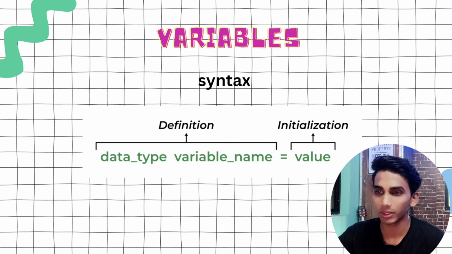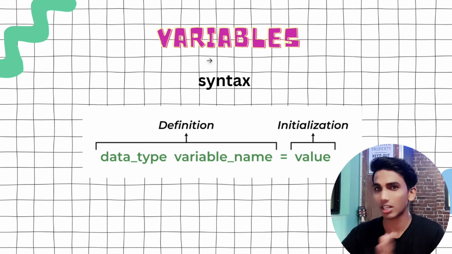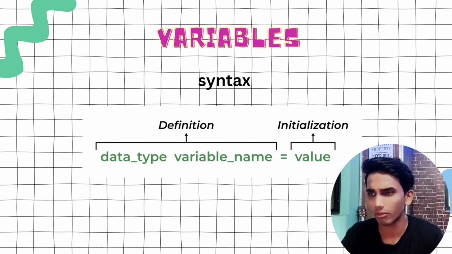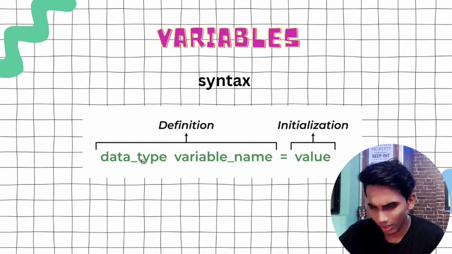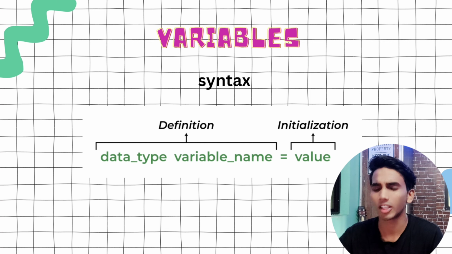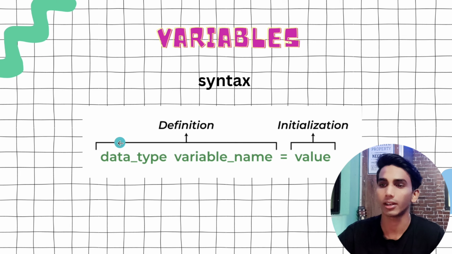Okay, variables. What does this slide say? Definition, initialization. Okay, syntax of a variable. Let me tell you how we will be initializing our variable. Here we first write a data type, as I said, int, float, character. We will be discussing them in later videos. For our present scenario, understand it's nothing but an int, which takes an int type of data.